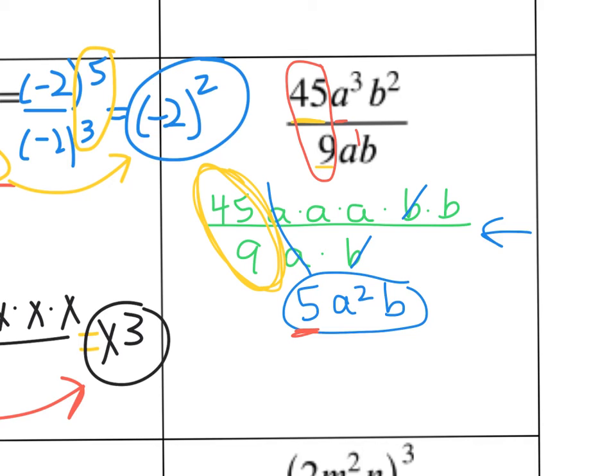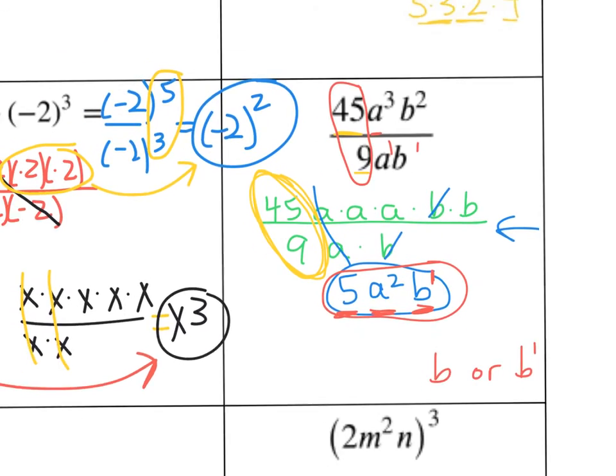So 3 minus 1 is 2, so that would be a to the 2nd power. And then b to the 2nd divided by b, that's also b to the 1st, so b, and 2 minus 1 is 1. I didn't write a 1 here, but you can. It's optional. So b or b to the 1st, those mean the same thing.